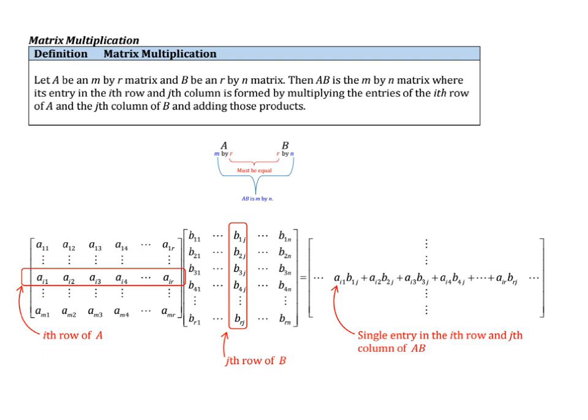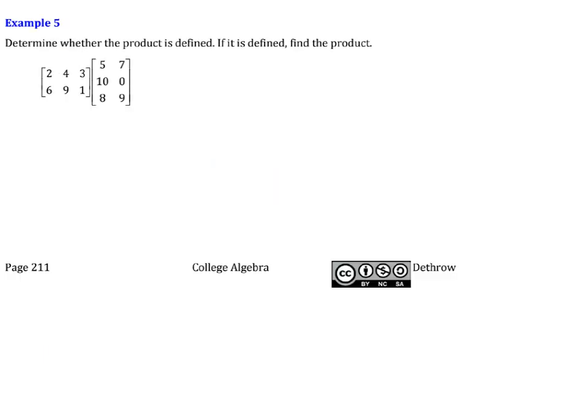Let's take a look at an example. First things first, let's look at the orders of the matrices. So this is a 2 by 3, and this is a 3 by 2. So these match, so we can multiply.